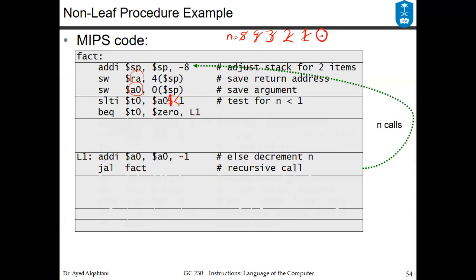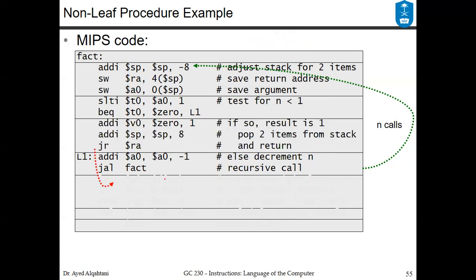Now, once you reach 0, 0 is less than 1. So you will not branch. You will continue here. So what we are going to do at that point, we will add immediate 1 to the register 0. So you are moving the value 1 to V0, because now the return value would be equal to 1.